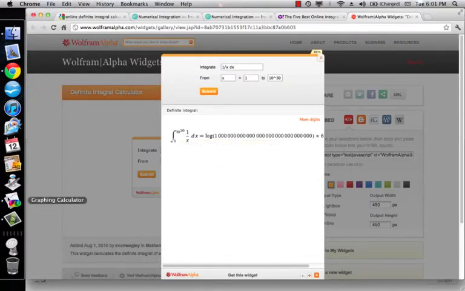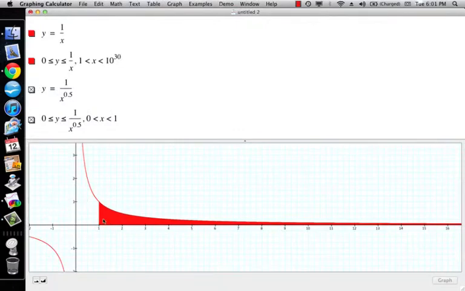So the problem with this graph, once again, is that 1 over x integrated from 1 to infinity is going to give me an infinite solution.